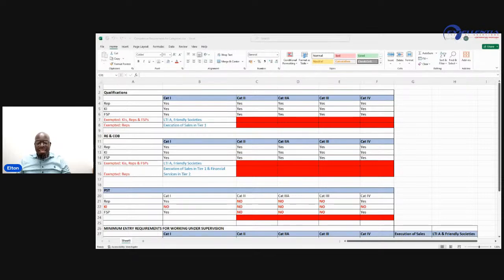Then, interestingly, the exemption for reps sort of gets expanded from the qualification exemption. So the guys who are doing execution of sales are also exempted from class of business. They are also exempted from the RE requirement.